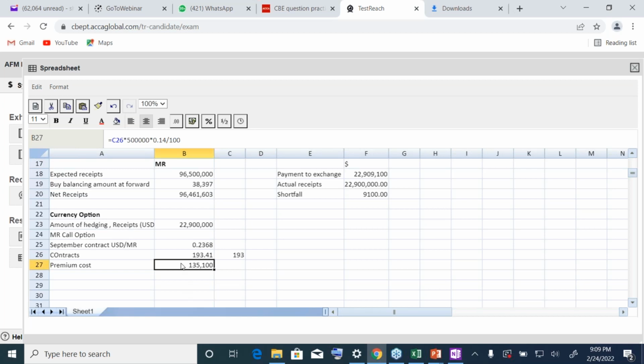It will be in dollars, because the number of contracts has no sign, 500,000 has an MR sign, and 0.14 is given in dollars over MR. So this will be the premium in dollars.